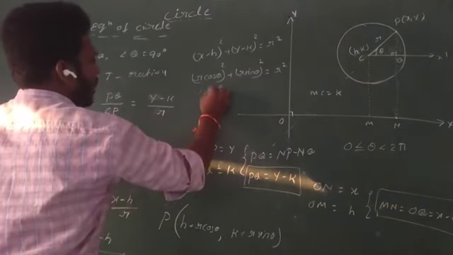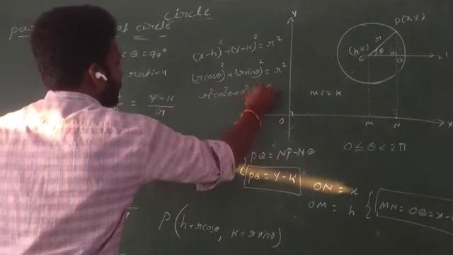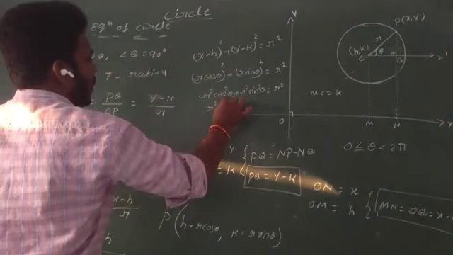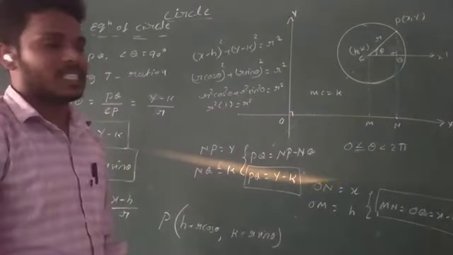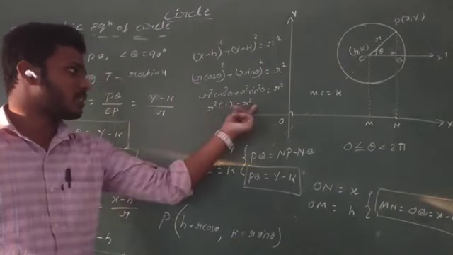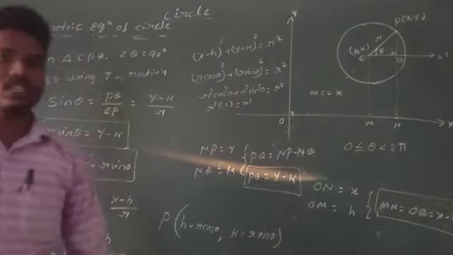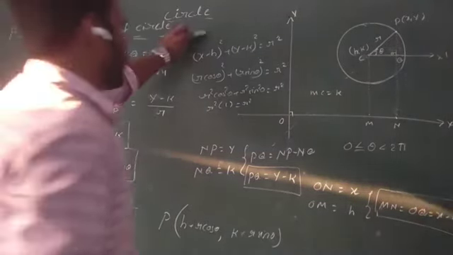That is r square cos square theta plus r square sin square theta, and cos square plus sin square is 1, so it is r square. So LHS equals RHS. That is a direct formation of the parametric equation. This is just for verification.